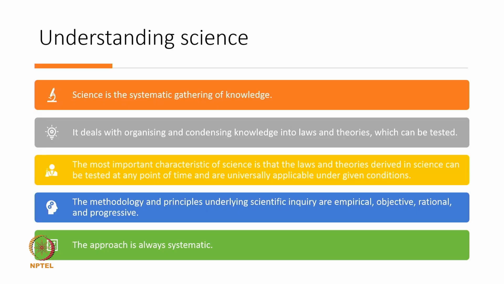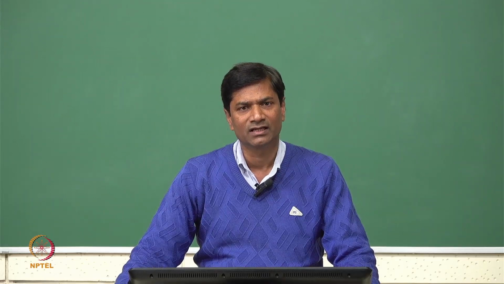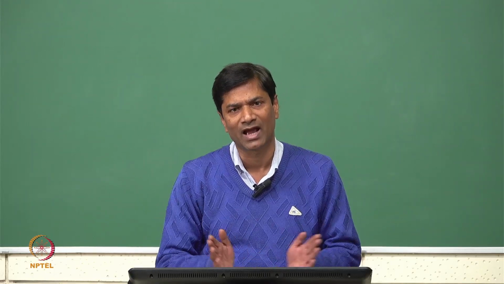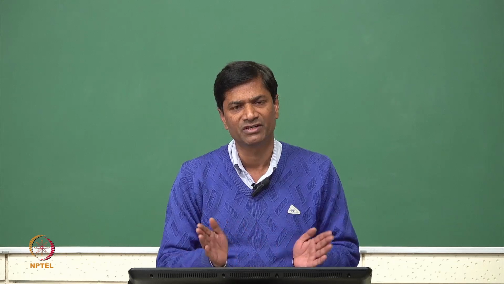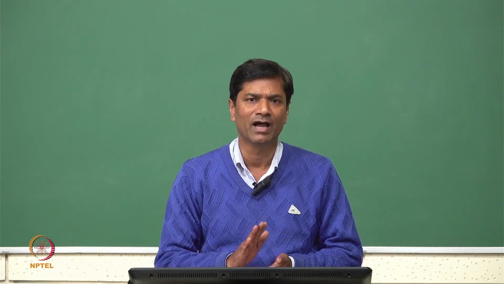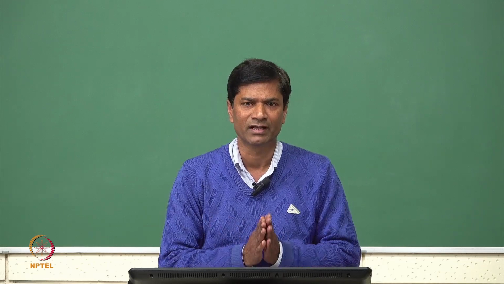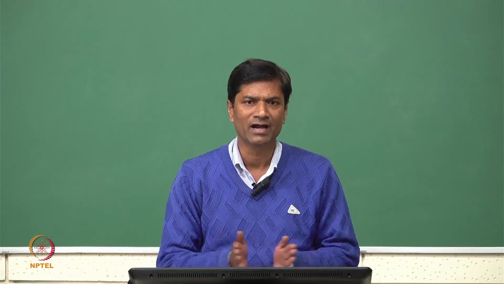As we know, science is the systematic gathering of knowledge. When we say systematic, that means science happens in a very systematic way. It does not happen in a haphazard way, it does not happen in a random way.